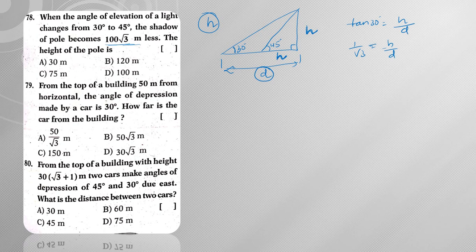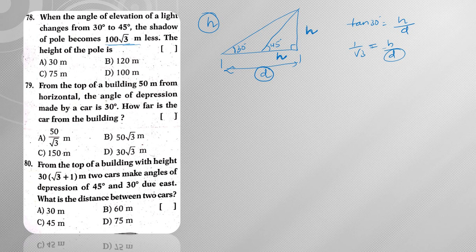Okay, now what about this distance? 1 by root 3 is equal to h by d. Now when the angle changes from 30 degrees to 45 degrees, the distance will be reduced by 100 root 3 meters.